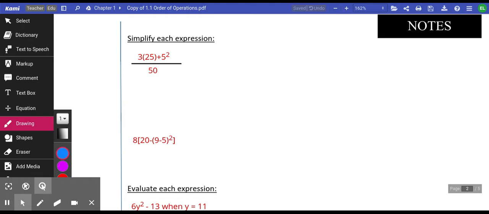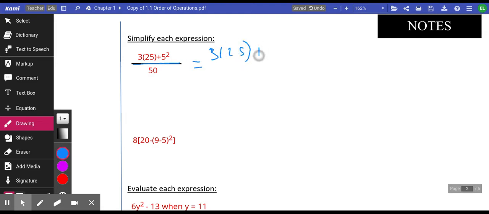So looking at some examples, if we were to simplify this first expression using order of operations, notice I said earlier that this fraction bar is a grouping symbol, so I'd have to simplify everything in the numerator before dividing by 50. So I have 3 times 25 plus 5 squared, which is also 25.